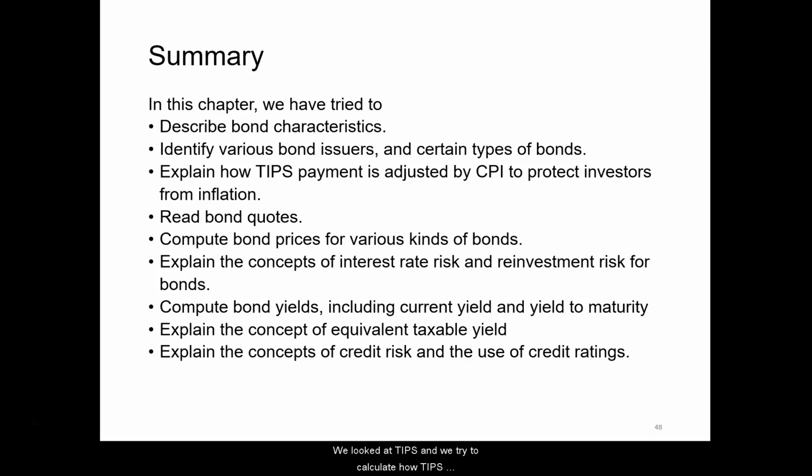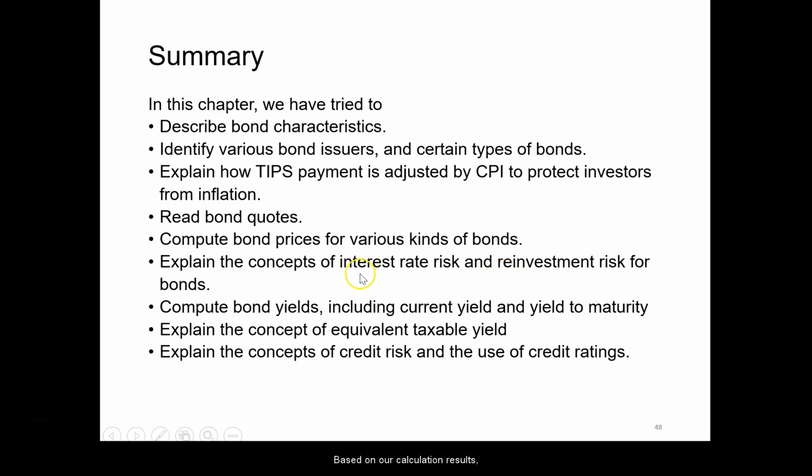We looked at TIPS, and we tried to calculate how TIPS payment is adjusted by the consumer price index and understand how that helps to protect investors from inflation. We also tried to calculate bond prices for different kinds of bonds, including zero coupon bond and fixed coupon bond based on annual compounding or semi-annual compounding.